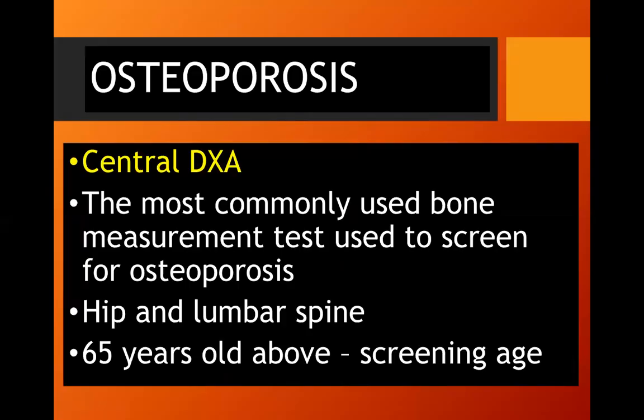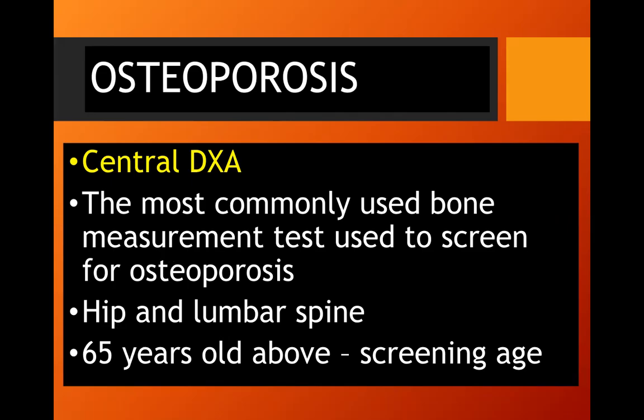Now, how do we diagnose osteoporosis? We usually diagnose this using central DXA. That's the most commonly used bone measurement test to screen for osteoporosis. We use the hip and lumbar spine. That's the most diagnostic, the dual energy X-ray absorptiometry.